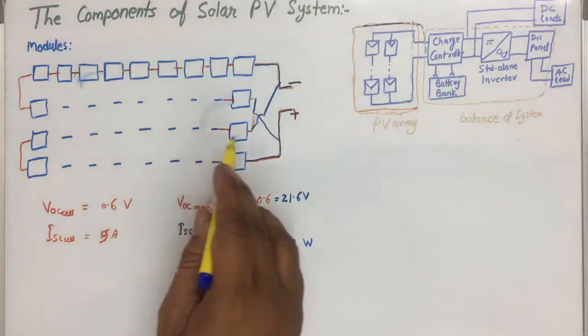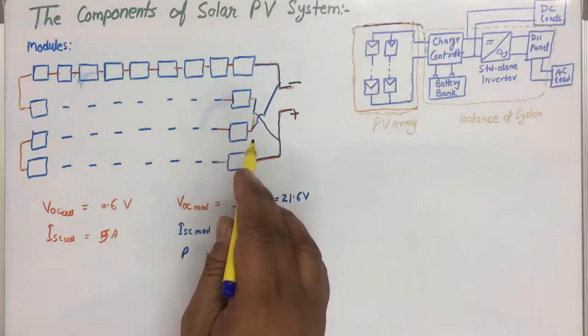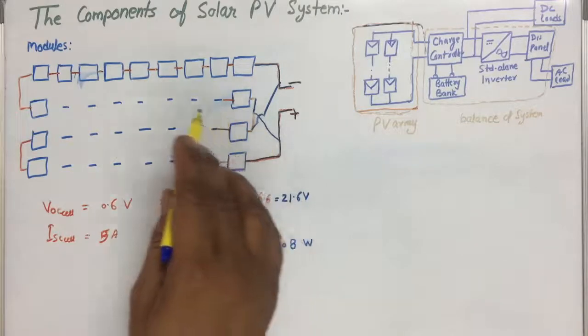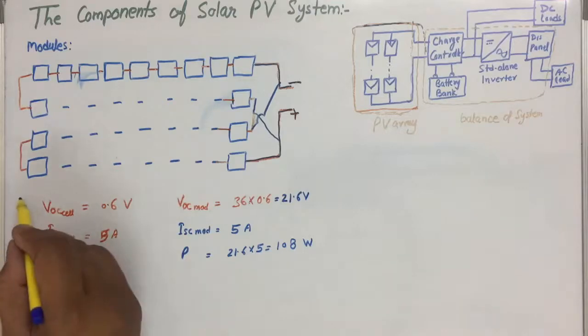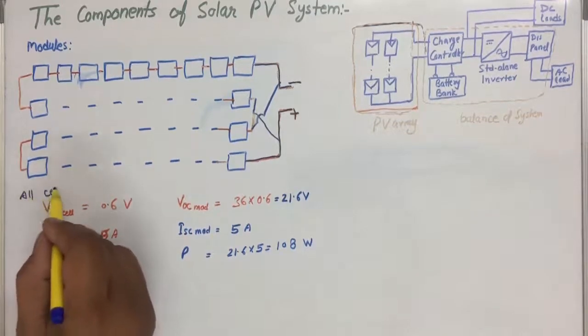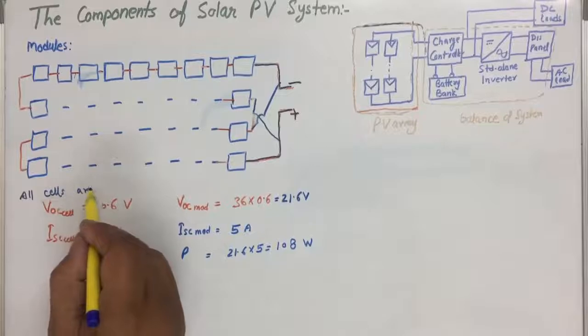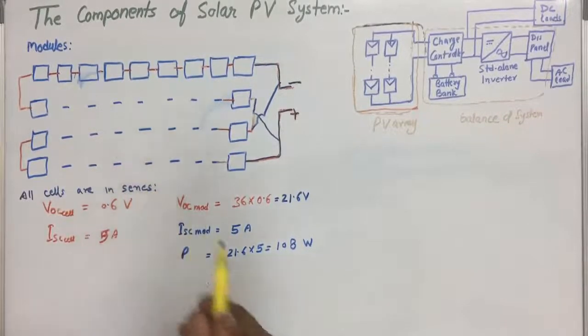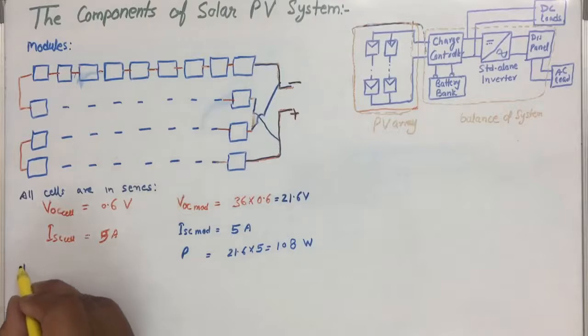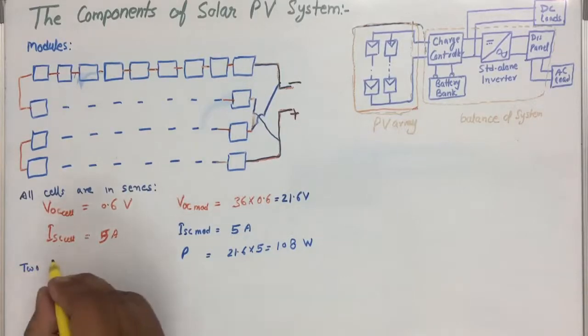For that connection, when two rows are connected in parallel, here all cells are in series.